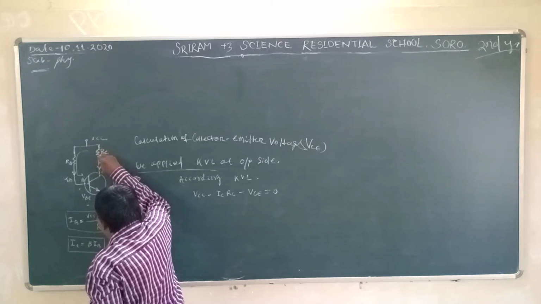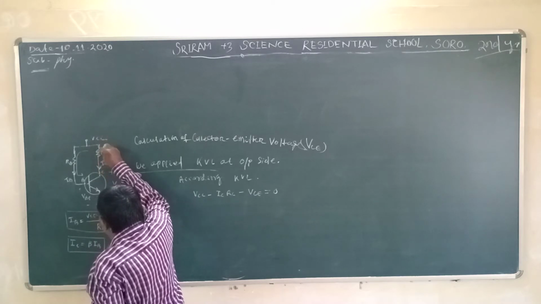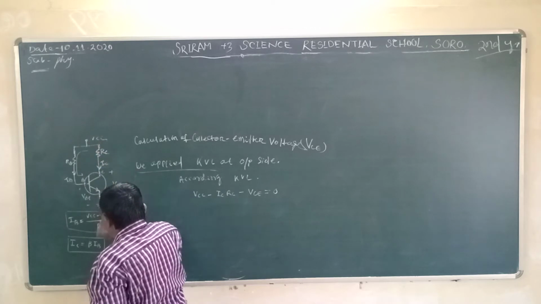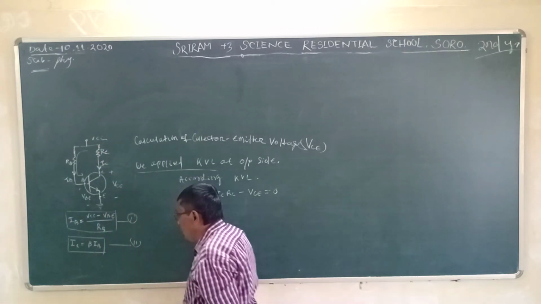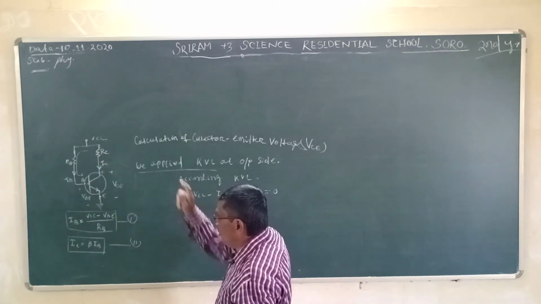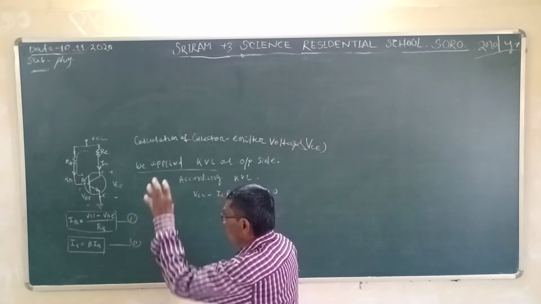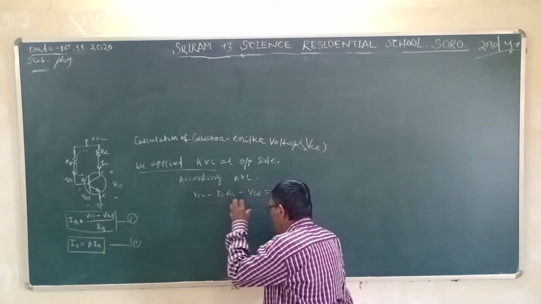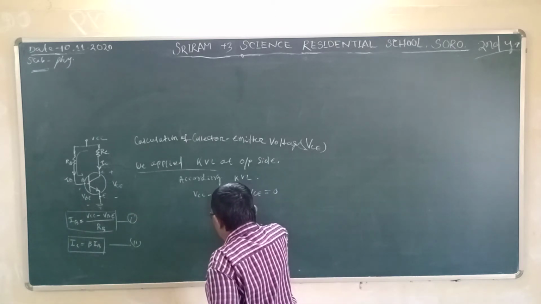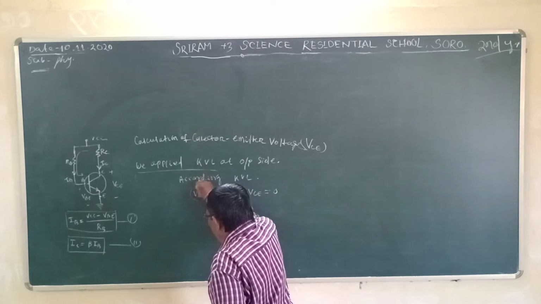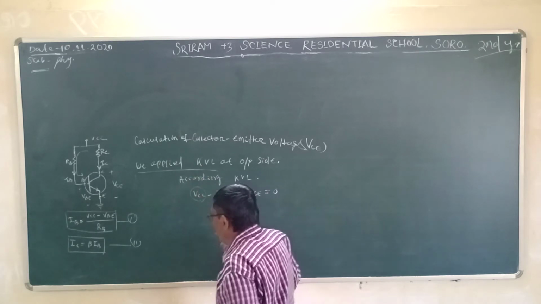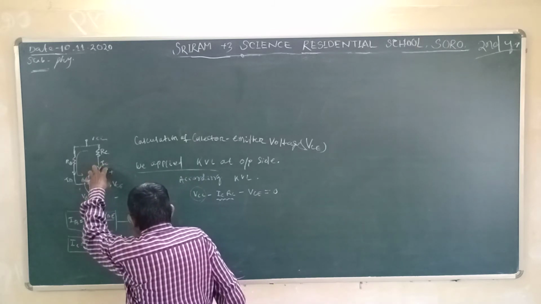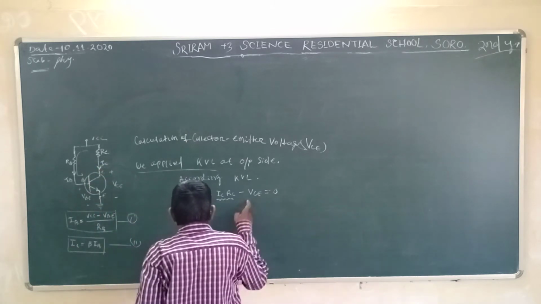This collector current IC flows through the collector resistor RC. When the current passes through the resistor, there will be some drop, that is IC RC. This is the drop voltage, this is the supply voltage, and VCE is the emitter to collector junction voltage.